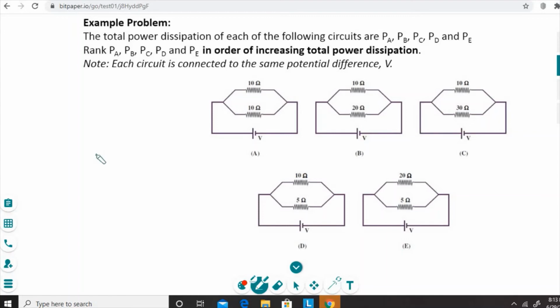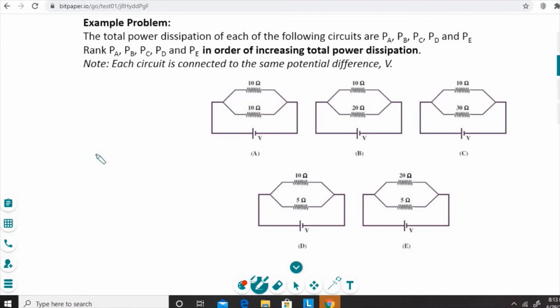Okay, let's try this example problem. The total power dissipation of each of the following circuits, they are given as A, B, C, D, and E. So the power dissipation is PA, PB, PC, PD, and PE. Rank PA, PB, PC, PD, and PE in order of increasing total power dissipation.